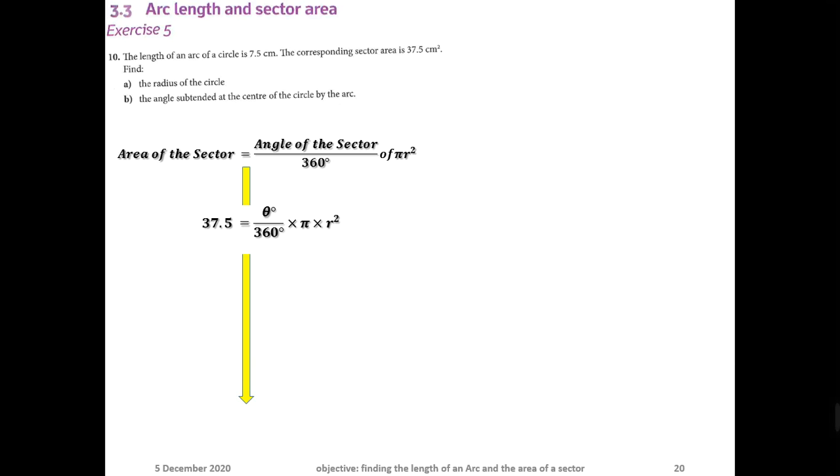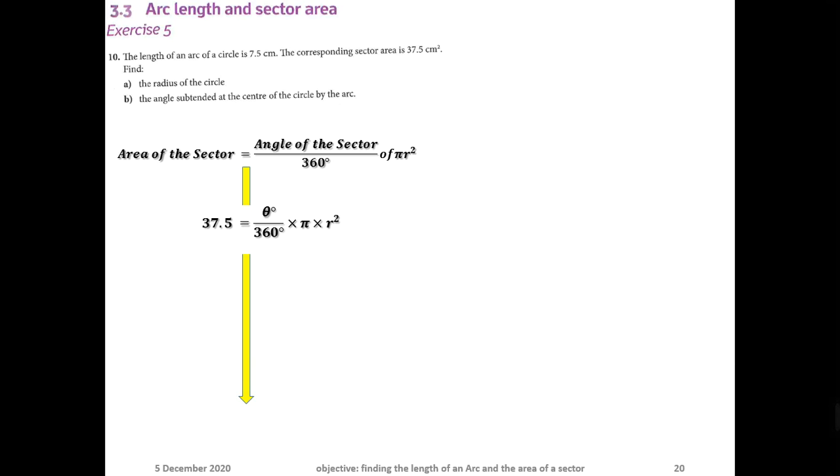I decided to write one of the unknowns in terms of the other, meaning I'm going to make theta the subject, or you can choose making r the subject. This is totally up to you. We should end up with the exact same answer though.